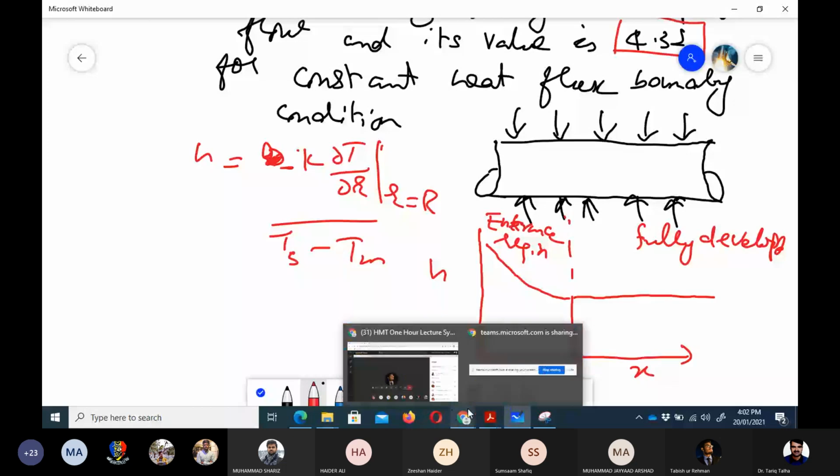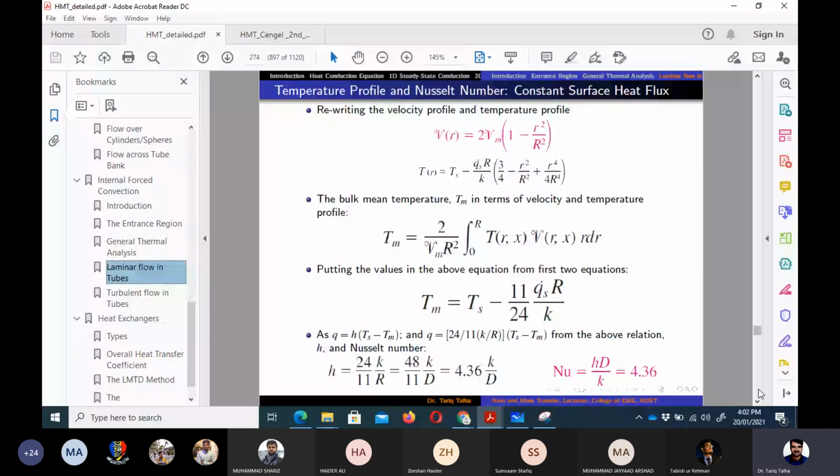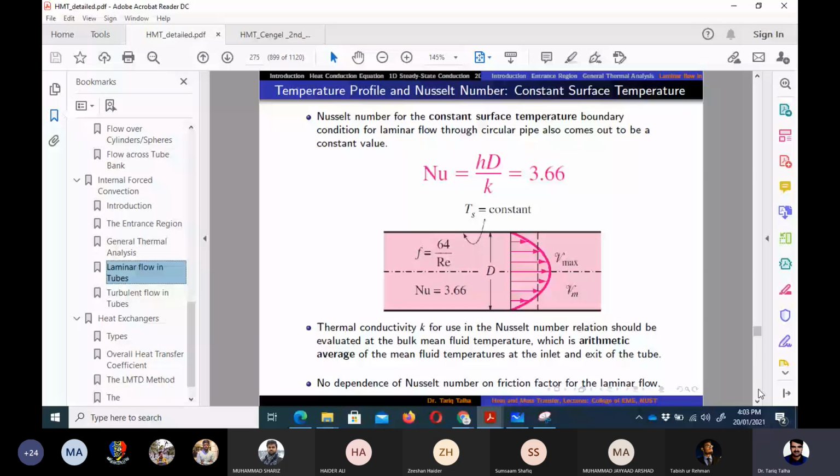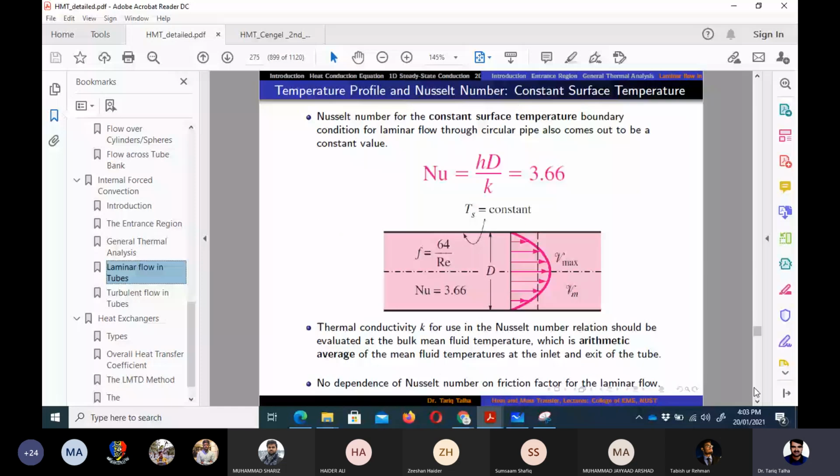Now, that is something which we have derived. So Nusselt number here is equal to 4.36, and then if we do the similar kind of derivation for the Nusselt number for the constant surface temperature boundary condition.